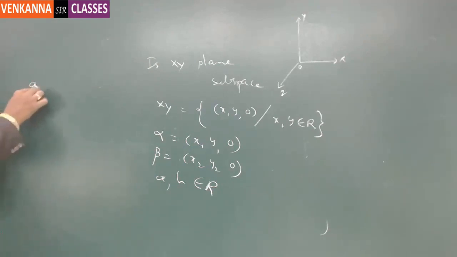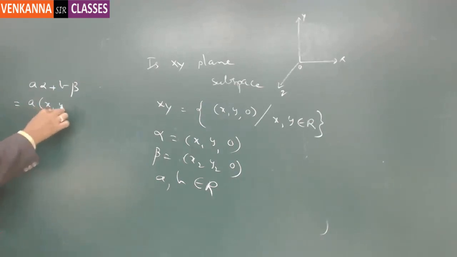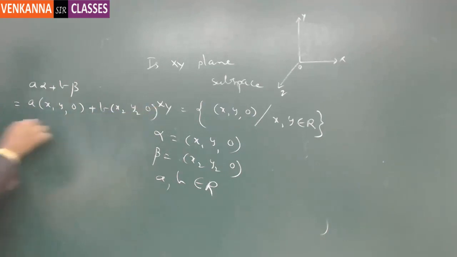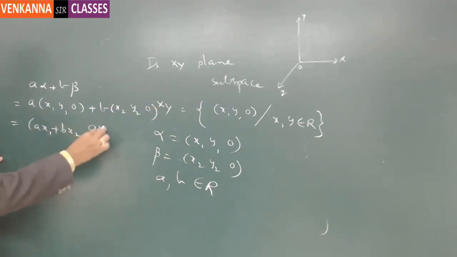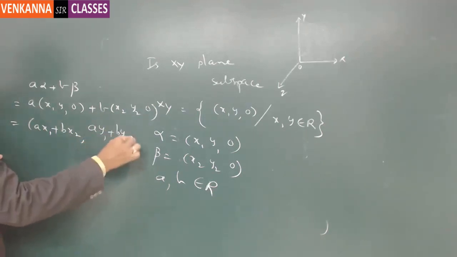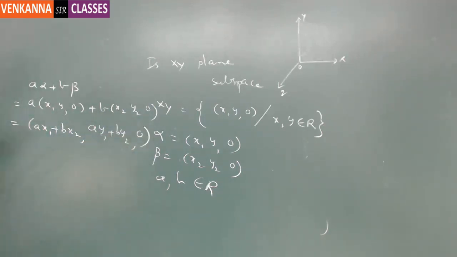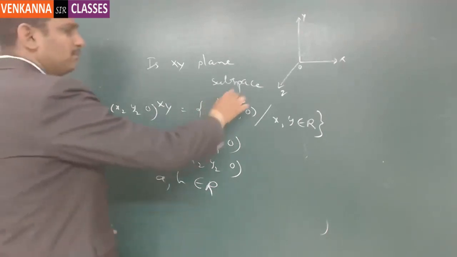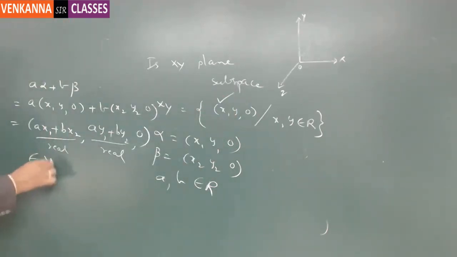So if you consider A alpha plus B beta, it will come like this. Now see, this is a real number. This is a real number. So it belongs to the same form. So this belongs to xy. Therefore, xy is a subspace.